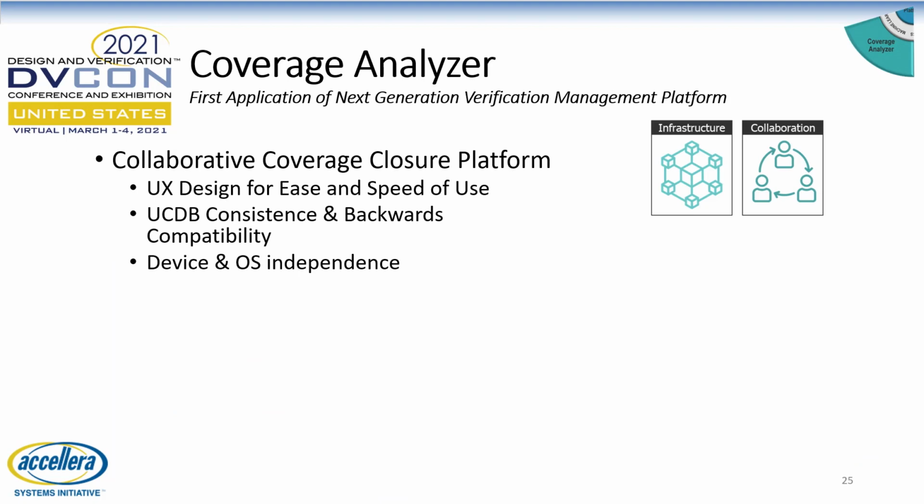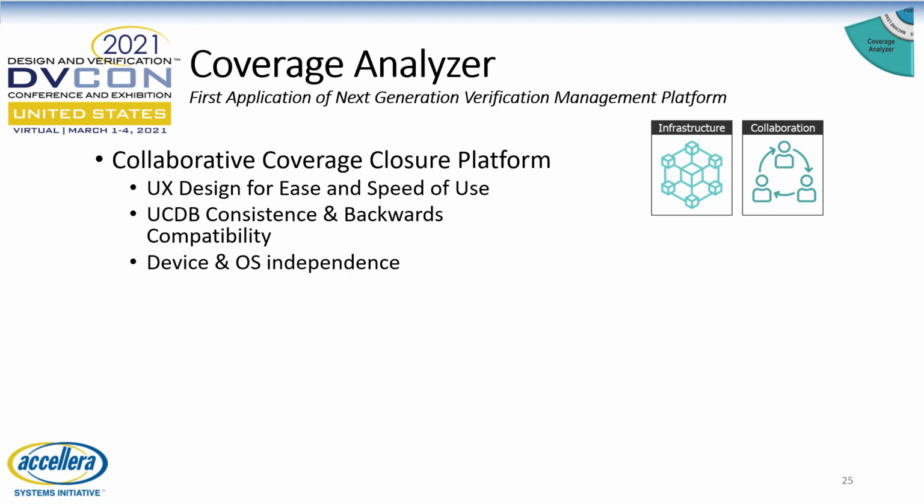Coverage Analyzer is the first application that we have released within the Verification IQ platform, our next generation verification management platform. It is a unique coverage tool supporting collaborative closure processes out of the box. It's been designed using user experience techniques and has been architected to improve a number of the tasks that had become difficult on the desktop in older UI toolkits.